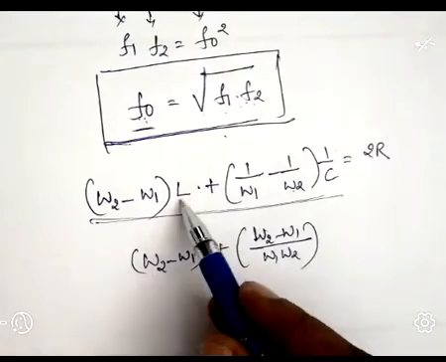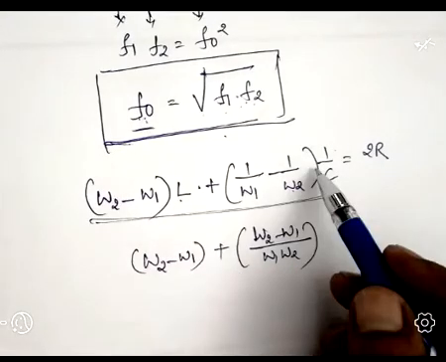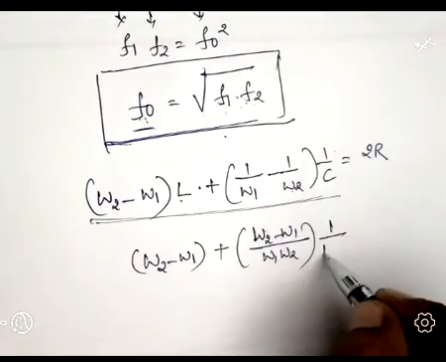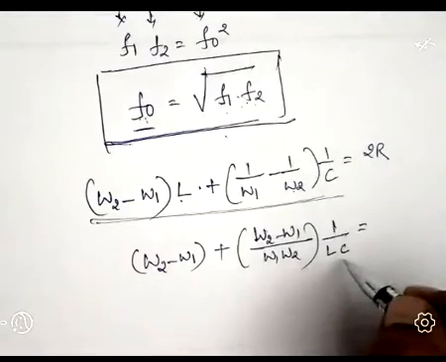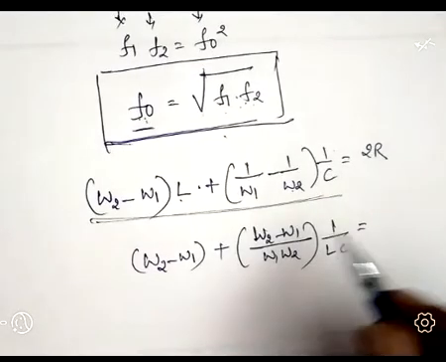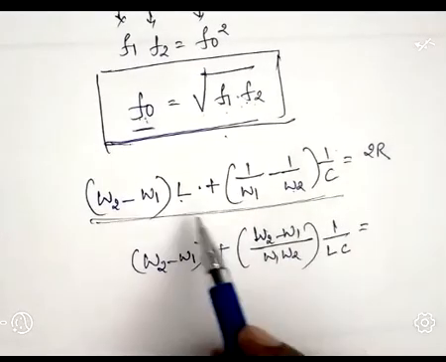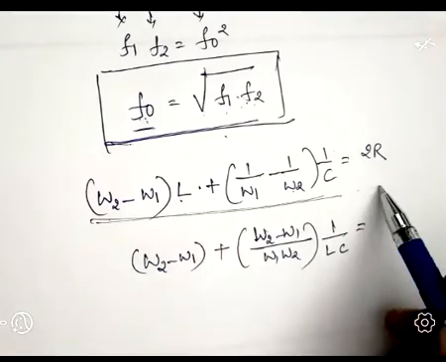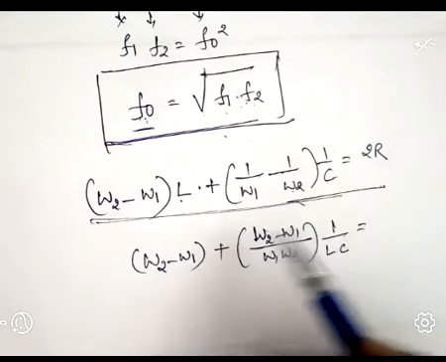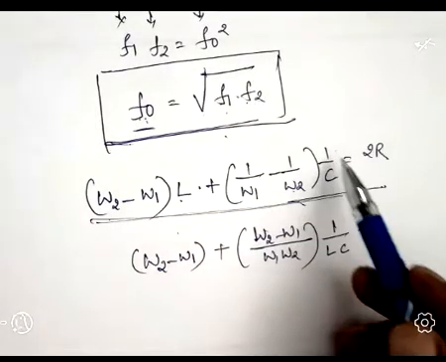So L taken means it is gone. And what about the right side? If you have taken L out, then we have to divide the right side by L as well, that is, in another way we can say multiply the entire equation by 1 by L. Multiply the entire equation by 1 by L. 1 by L means L gets cancelled here, 1 by L into C here, and 2R divided by L.